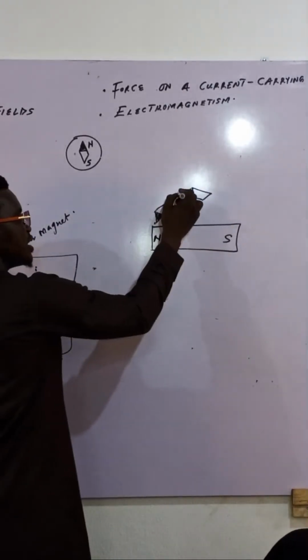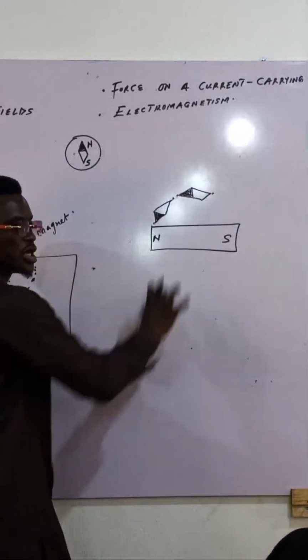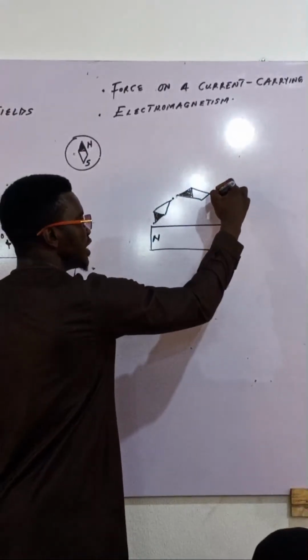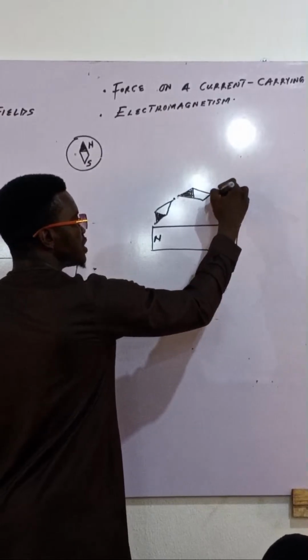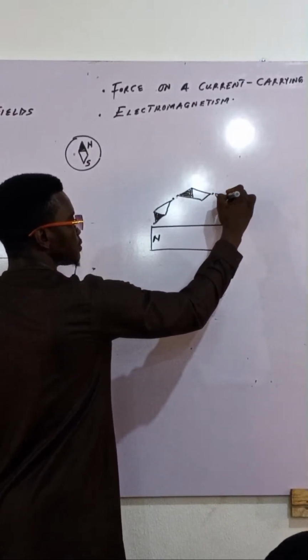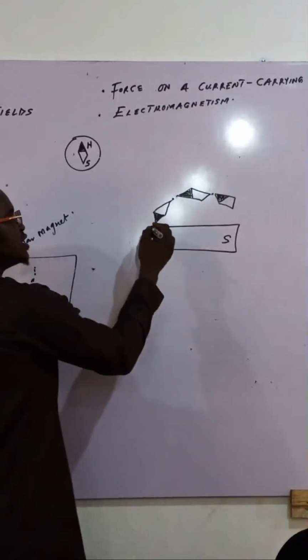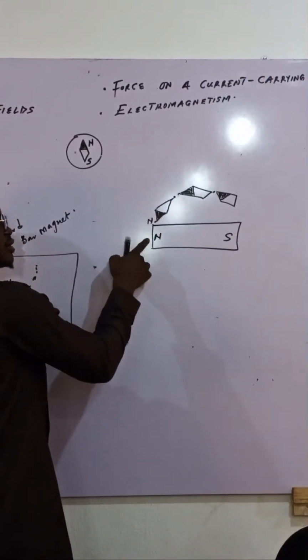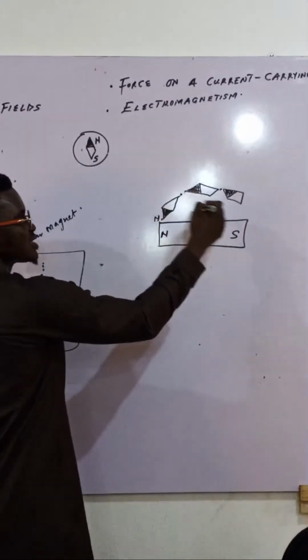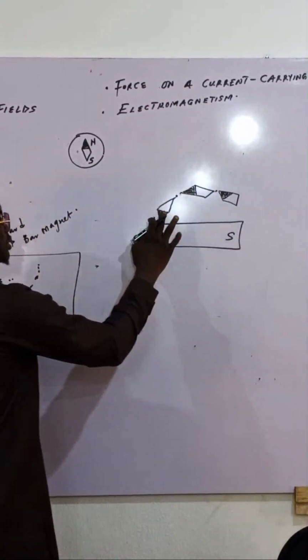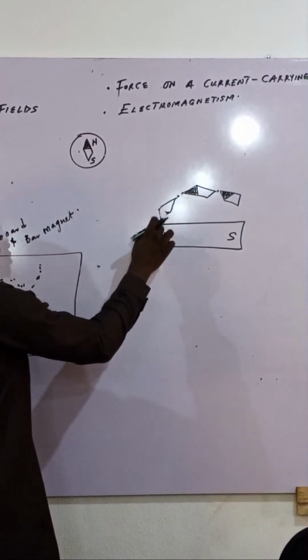You put dots there again, then you do the next one. You take it again and place it, and you will see that it will move like this. I'm making it big. So you notice something: the north is here, pushing it away. Then that's the south. No, sorry, the south should be attracted a bit.